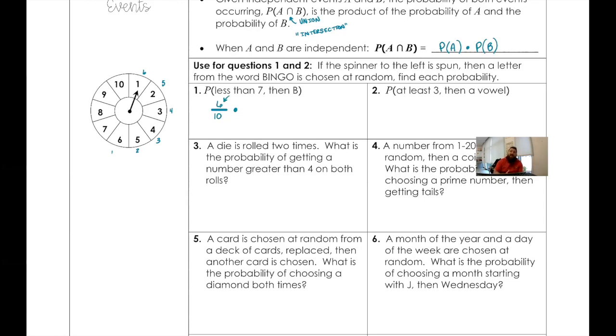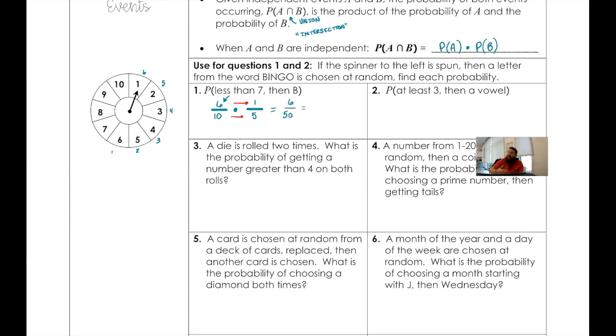And then selecting the letter B out of bingo, well, there's 1 B out of 5 total letters. So now we just get to multiply fractions. So we multiply straight across, 6 times 1 and 5 times 10. So we get 6 over 50.